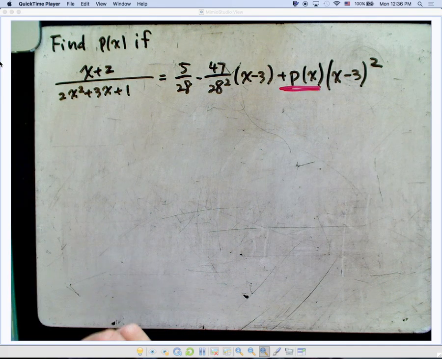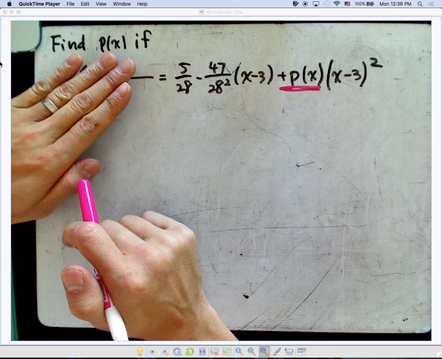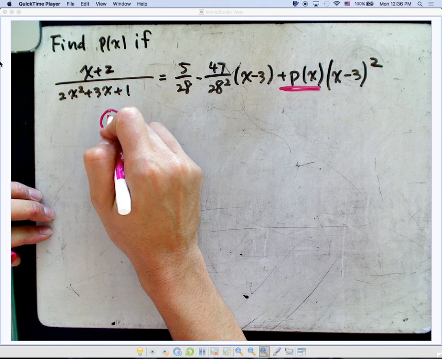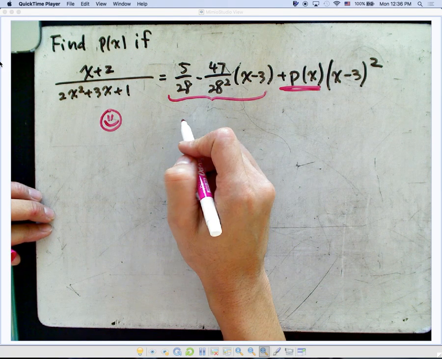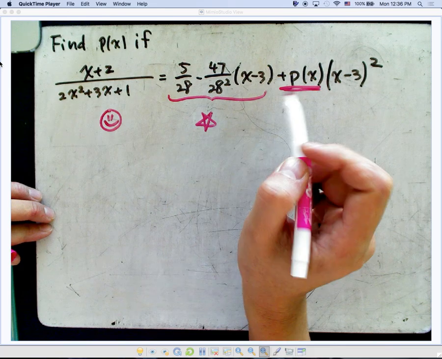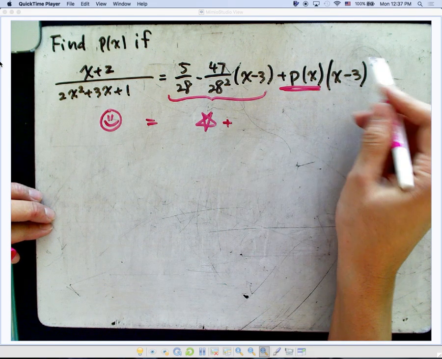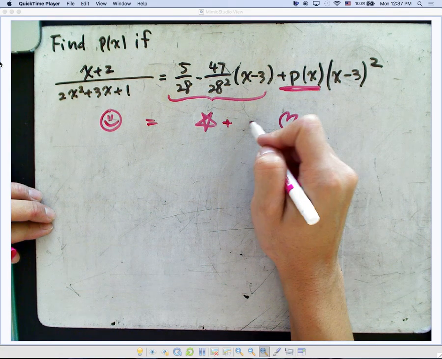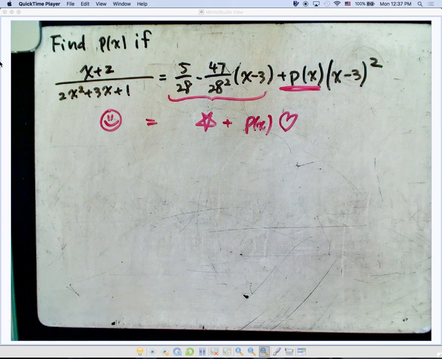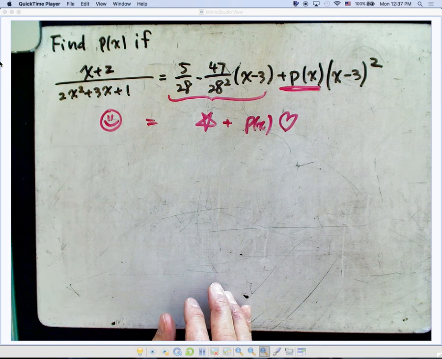If you cover the left side with a smiley mark, cover this r of x part with a star, and cover the (x − 3)² part with a heart, we kind of know how to isolate p of x.